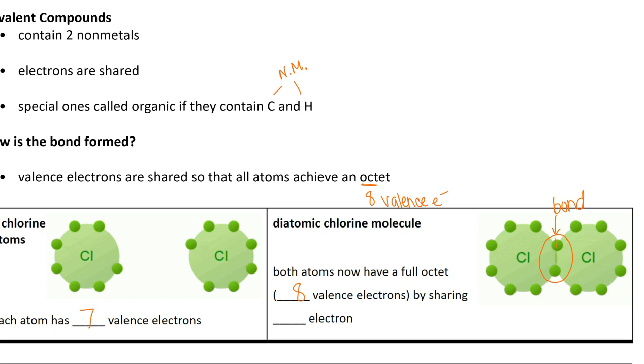So I can count 1, 2, 3, 4, 5, 6, 7, 8 valence electrons for that chlorine atom. And for the other one, 1, 2, 3, 4, 5, 6, 7, 8 over there. So by sharing 1 electron each, now those atoms are happy and they each have their octet.